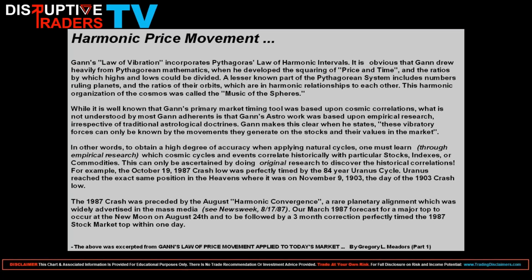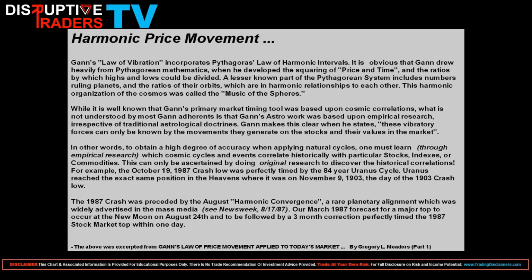For example, the October 19, 1987 crash low was perfectly timed by the 84-year Uranus cycle. Uranus reached the exact same position in the heavens where it was on November the 9th, 1903, the day of the 1903 crash low.